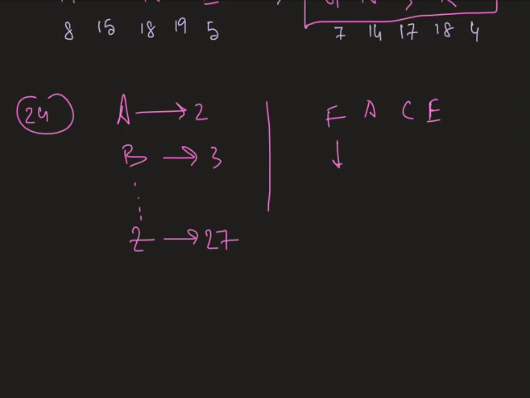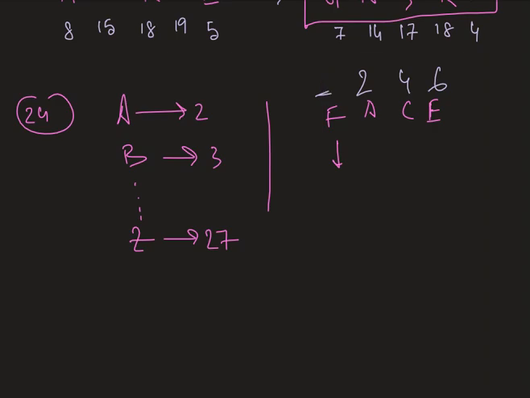The positional number of F is A, B, C, 6. For A it is 2. For C it is 4. And for E it is 7.